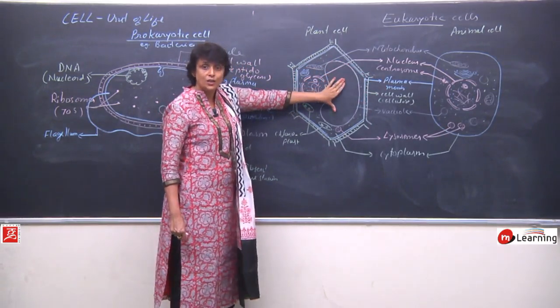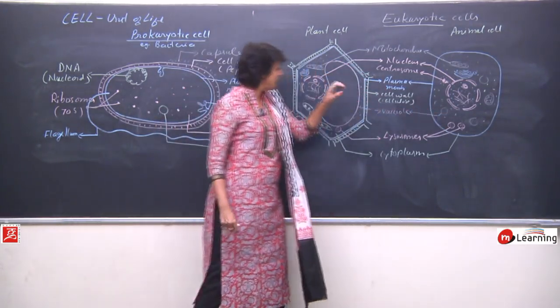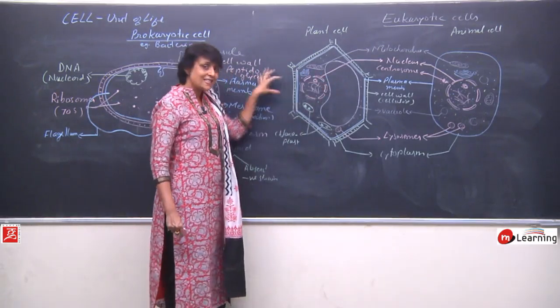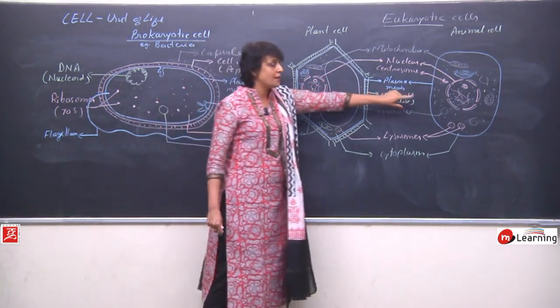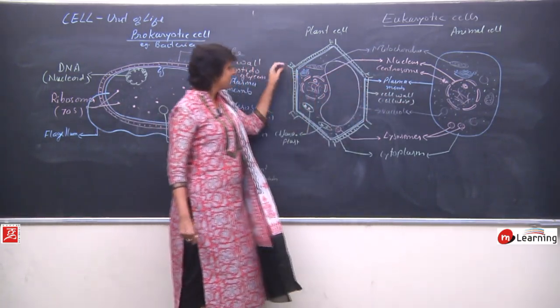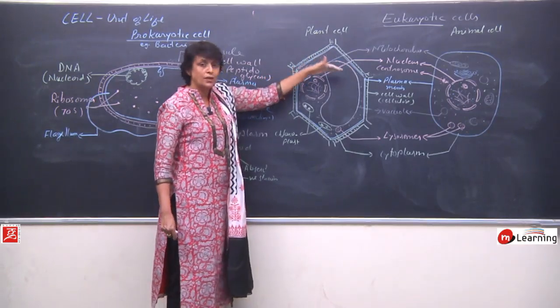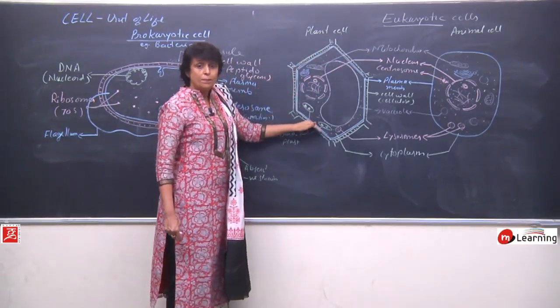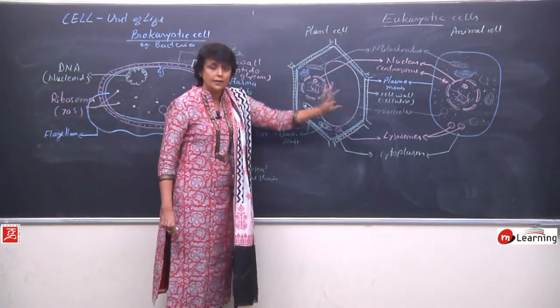A large vacuole in the plant cell, many small vacuoles in animal cells. The nucleus is eccentric, shifted towards one side because of this vacuole, whereas in animal cells it is centrally placed. Other organelles like mitochondria and Golgi body are common. Plastids or chloroplasts are present in plant cells but not there.